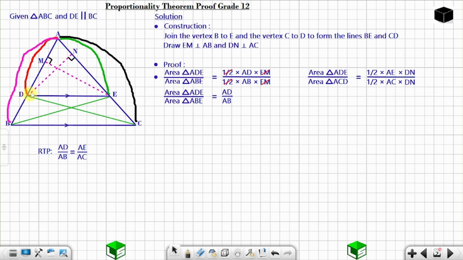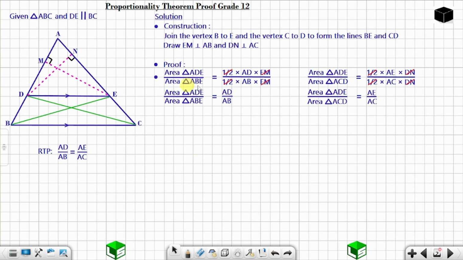So this is equal to, you cancel a half and a half, you cancel DN and DN. Now you have AE over AC. So now you are done on this side and on this side.